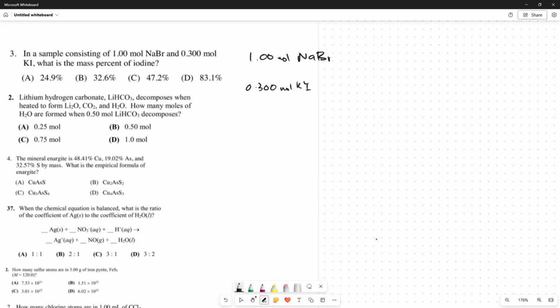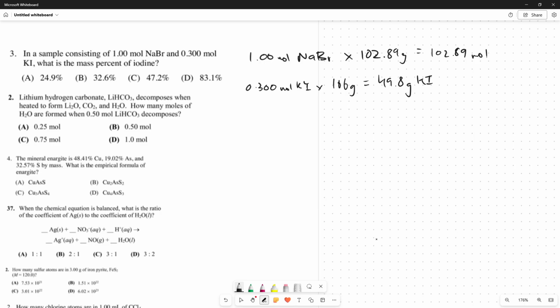It's not given to you, but if you look at the periodic table and add up the grams, you'll find that there are 102.89 grams of NaBr per mole. And for each mole of KI, there will be around 166 grams.